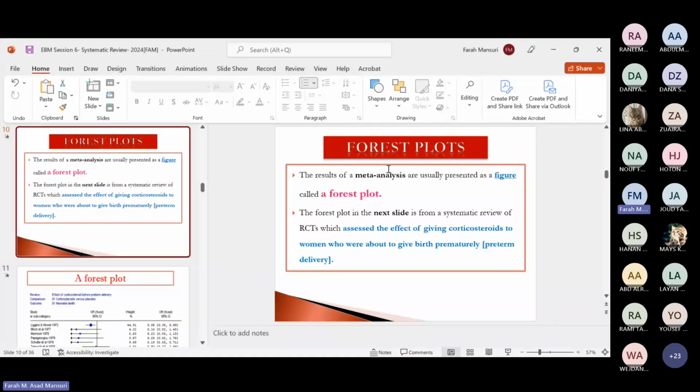So the forest plot is actually the ultimate graphical representation of our meta-analysis. This is known as the forest plot, and we'll see in the next slide, it is from a systematic review of RCTs which assess the effect of giving corticosteroids to the women who were going to undergo preterm delivery.